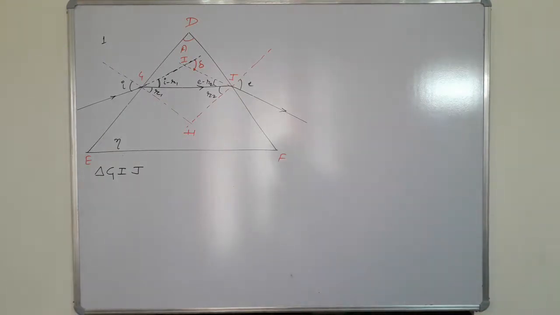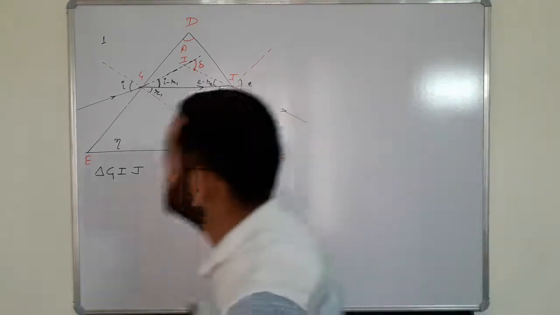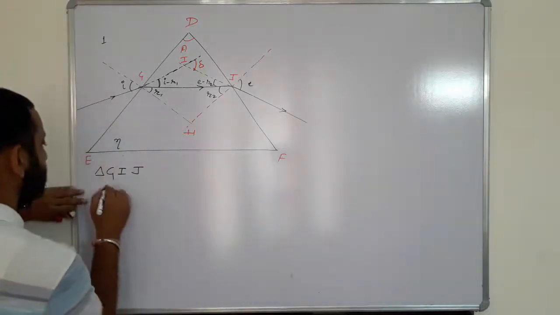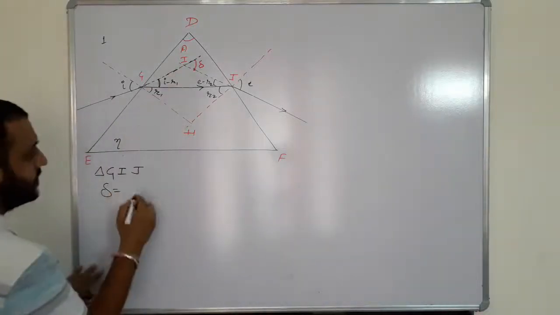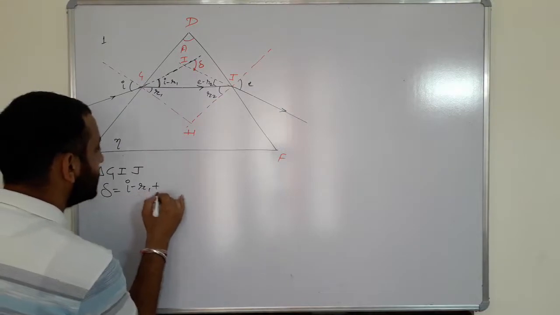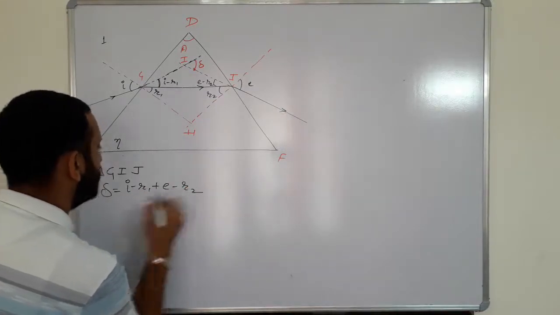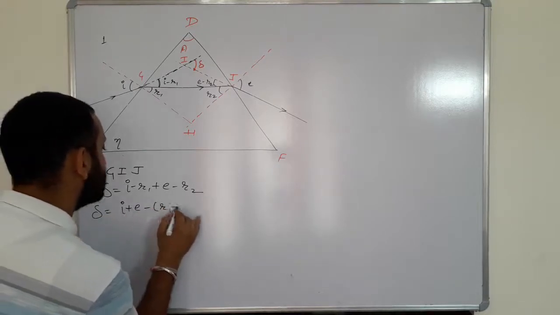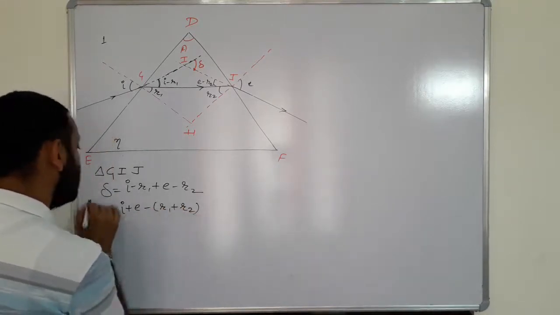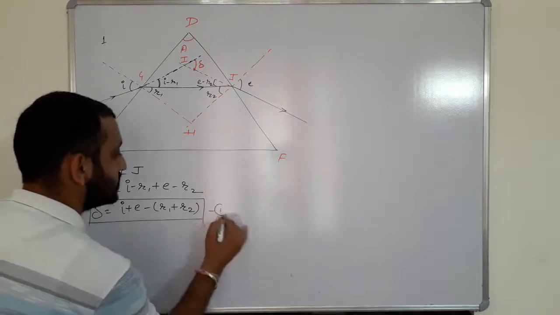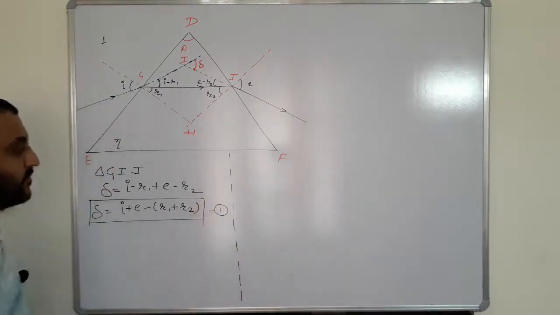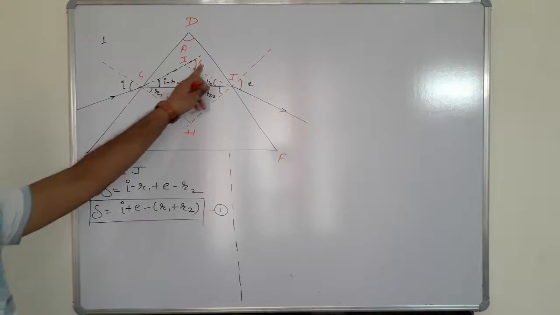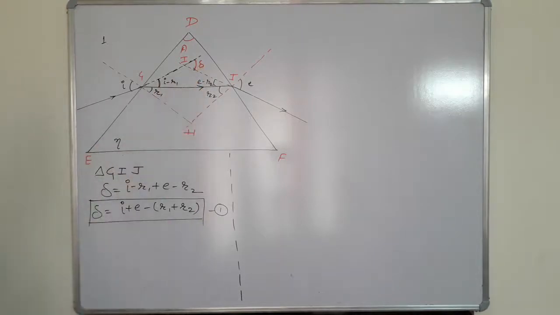So in triangle GIJ, delta can be written as delta equals I minus R1 plus E minus R2. So delta will be I plus E minus R1 plus R2. Simple. Let us suppose this is equation number 1. This is equal to this plus this, exterior angle.